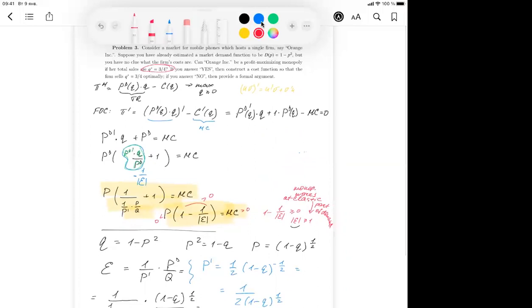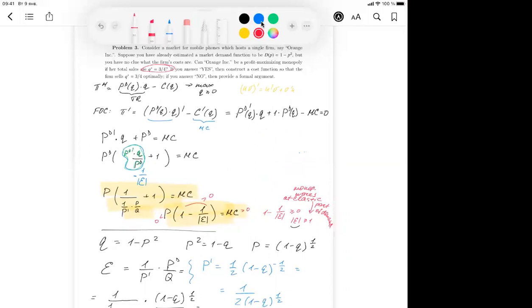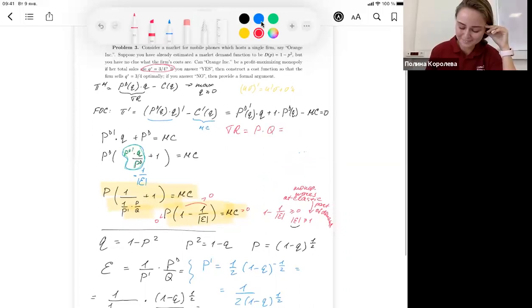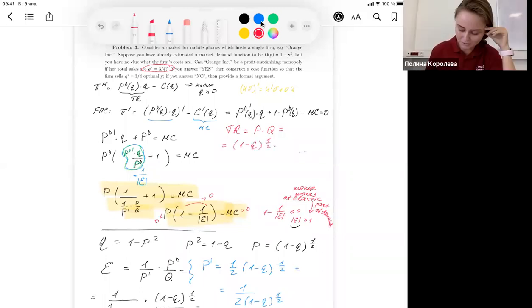Это выручка, не прибыль, это очень разные вещи. Да, я понимаю, просто привык так. Выручка – это q умножить на корень 1 минус q, то есть 1 минус q в степени 1/2 умножить на q. Так, хорошо. А предельная выручка?